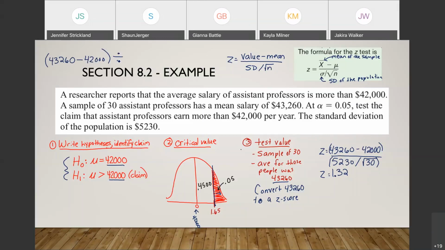And then press your divided by key. You're going to open another parenthesis, 5230. Divided by key again. That second divided by is typically the problem for most students. If they get the wrong answer, they forgot that. And then the square root of 30, and then close that parenthesis.